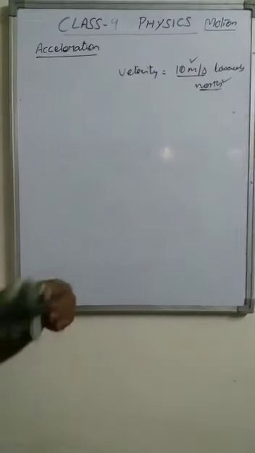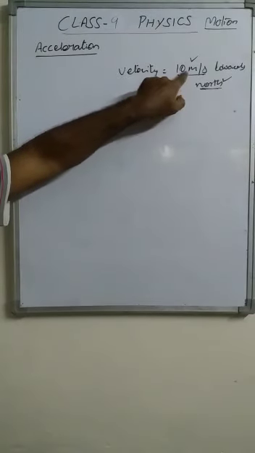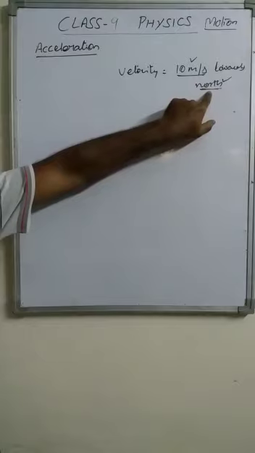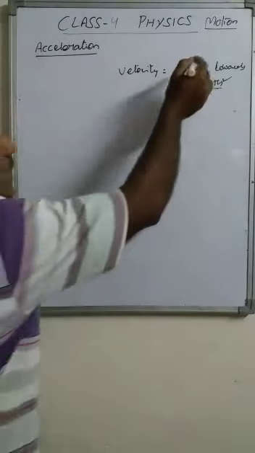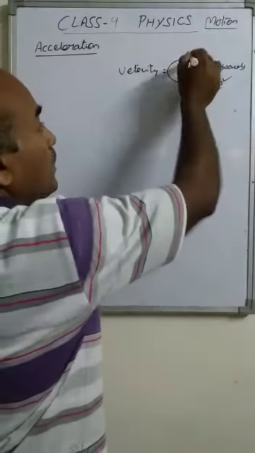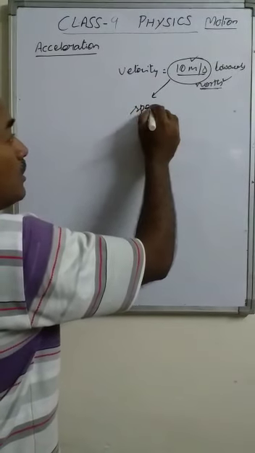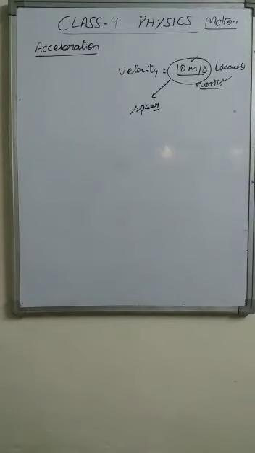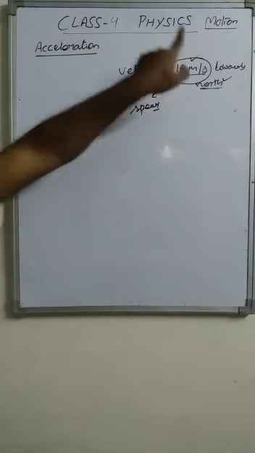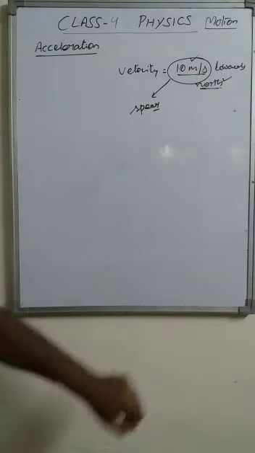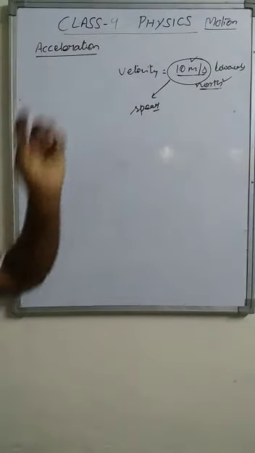The velocity can be changed either by changing this only, or by changing this only, or by changing both. If we take the magnitude of velocity, it comes the speed. It means the velocity of an object can be changed by changing the speed, or by changing only direction, or by changing both.